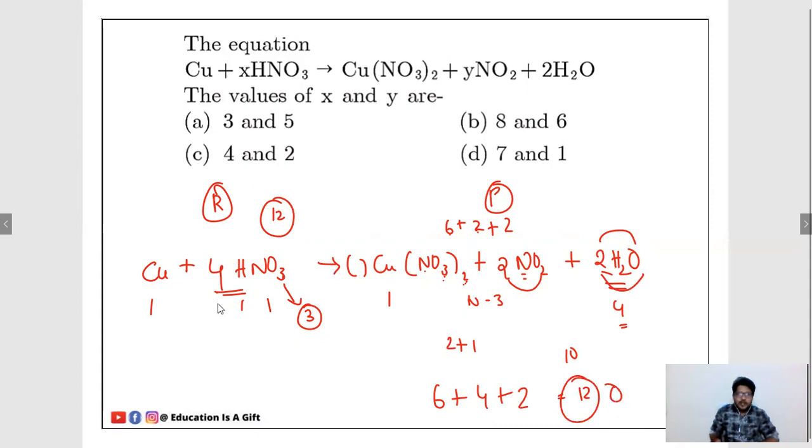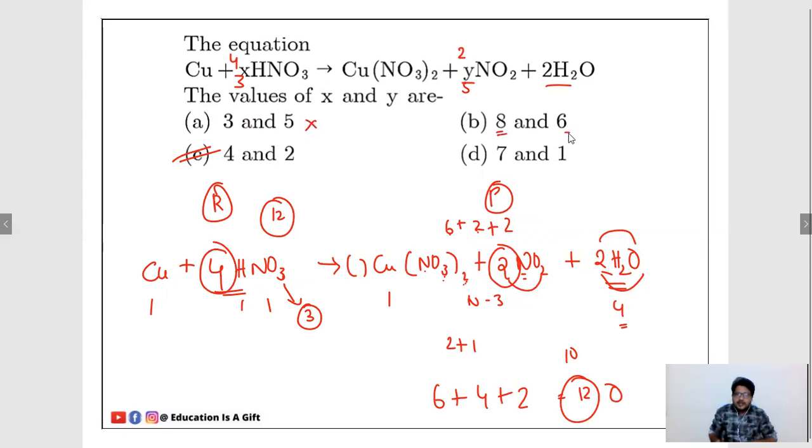Now answer would be, here we got 4. So in the place of X, 4. In the place of Y, you can place 2. So answer would be 4 and 2. This is the answer. Or what you can do, trial and error method you can do. All options they gave, right? First place 3 here and place 5 here. Try to check the count. If you place 3 here, what will happen? 3 hydrogens and it will become 4. So you can eliminate this.